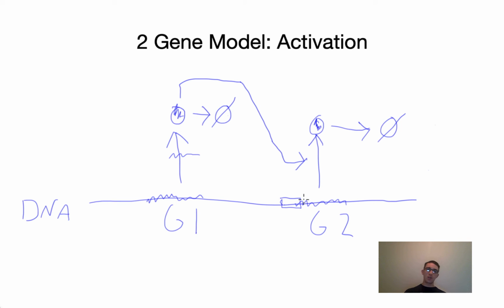That's just one example of how it might work, but the point is that gene 1 is facilitating the expression of gene 2. We call this activation. It's activating the expression of gene 2. Okay, so next let's take a look at the math.